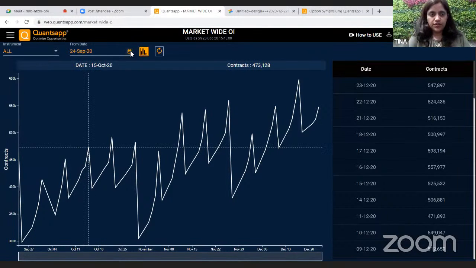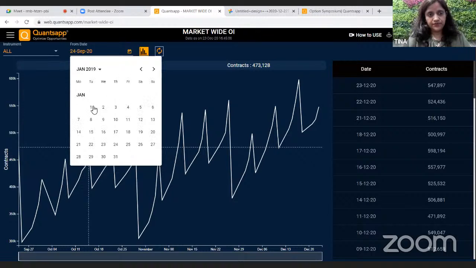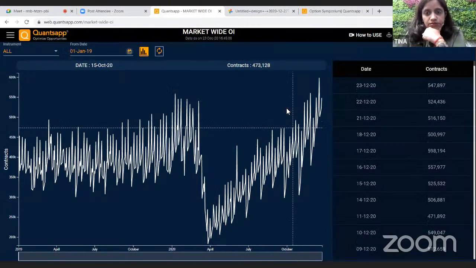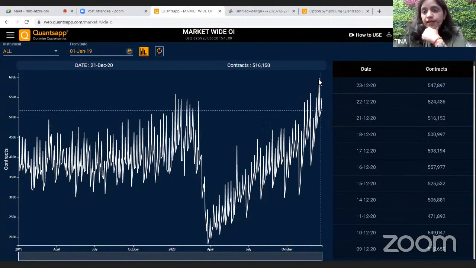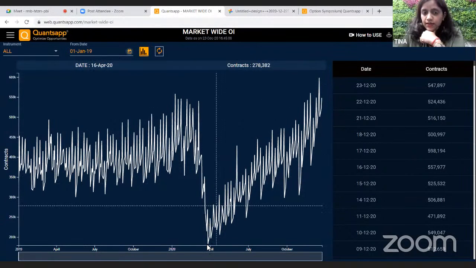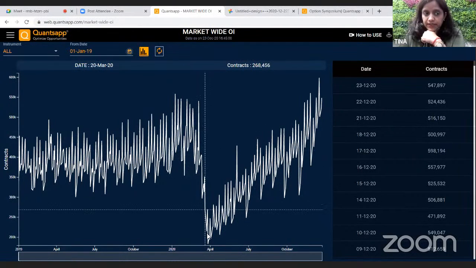If you look here, I can go back and compare from January 1st, 19. Practically we are at the highest point right now. When we went through the March fall, the OI fell considerably, nearly becoming half.